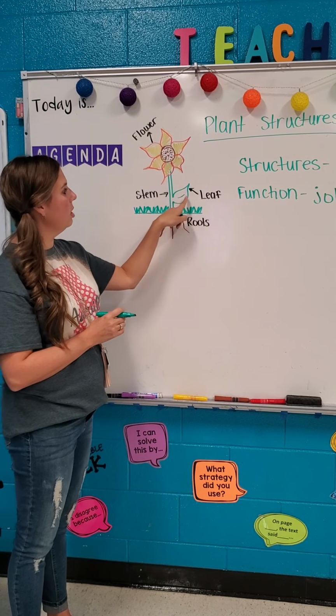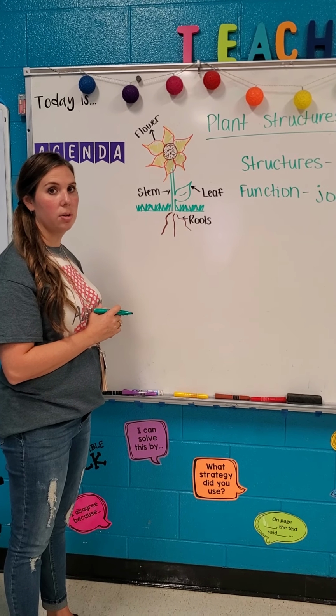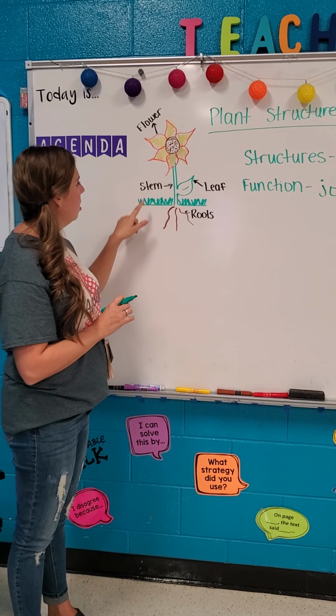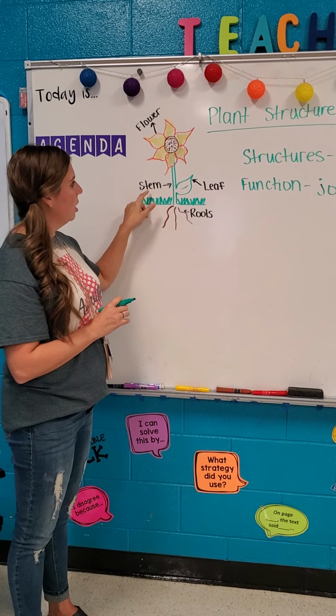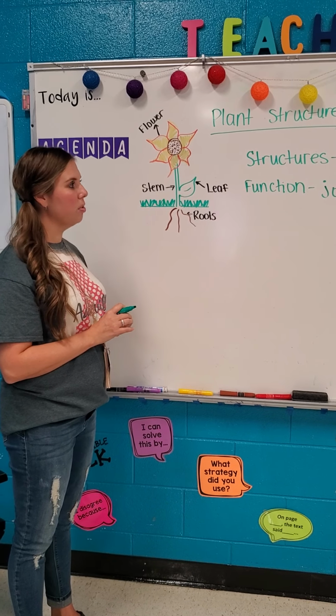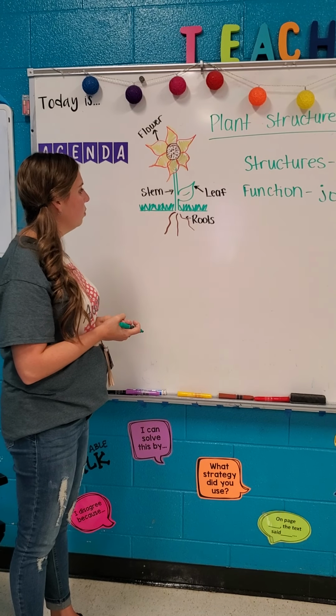The function of the leaf is to collect the sunlight so that the plant can make its own food through photosynthesis. Then the function of the stem is to hold that plant up so that it can get to the sunlight, and it also provides some stability for the plant to keep it from falling over.